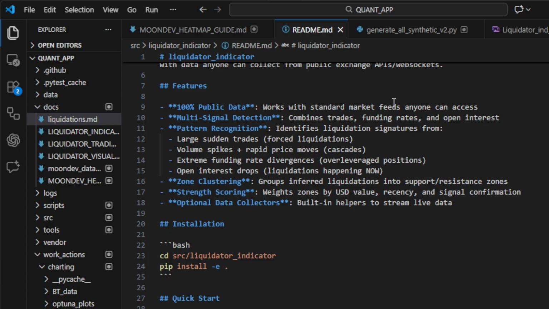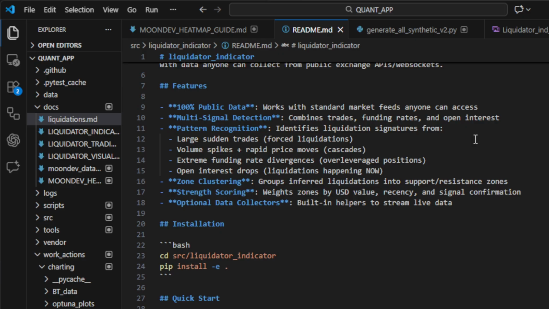So 100% public data. If you want, you can use it. Otherwise, multi-signal detection combines trades, funding rates, and open interest. Pattern recognition that identifies liquidation signatures from large sudden trades, forced liquidations, volume spikes, and rapid price move cascades.